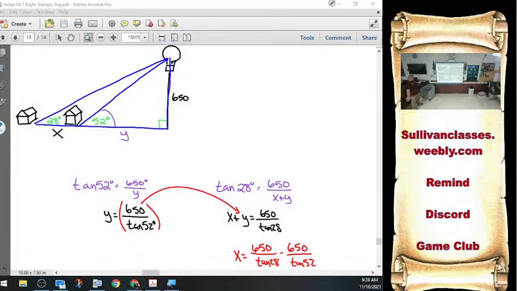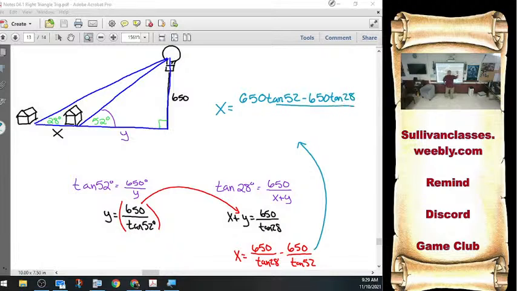x's expression, type it into the calculator, you get the answer. If you would like, you can also condense that expression by getting common denominators. Saying x is 650 tangent of 52 minus 650 tangent 28 over tangent 28 times tangent of 52.